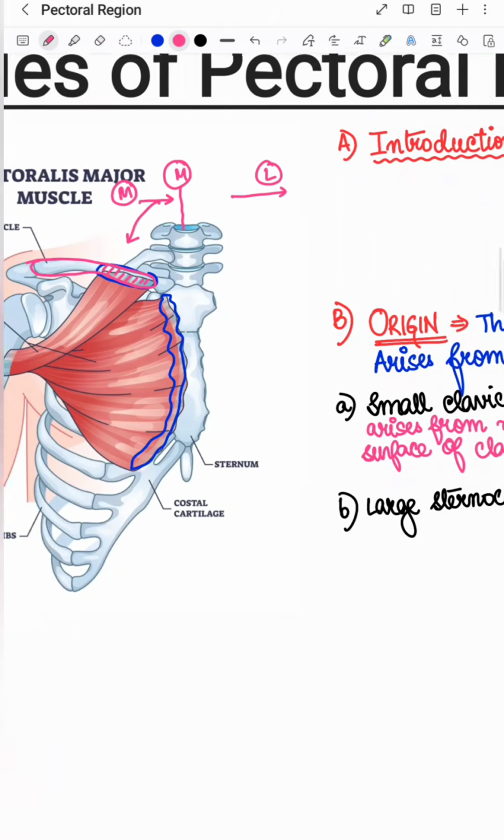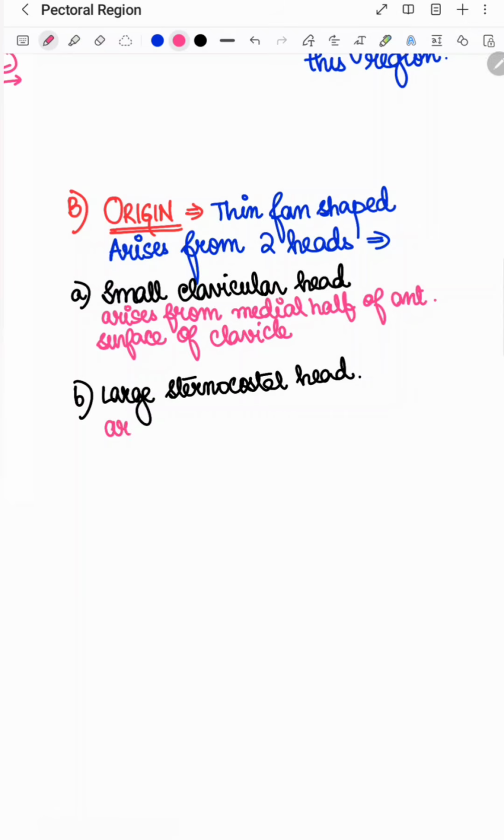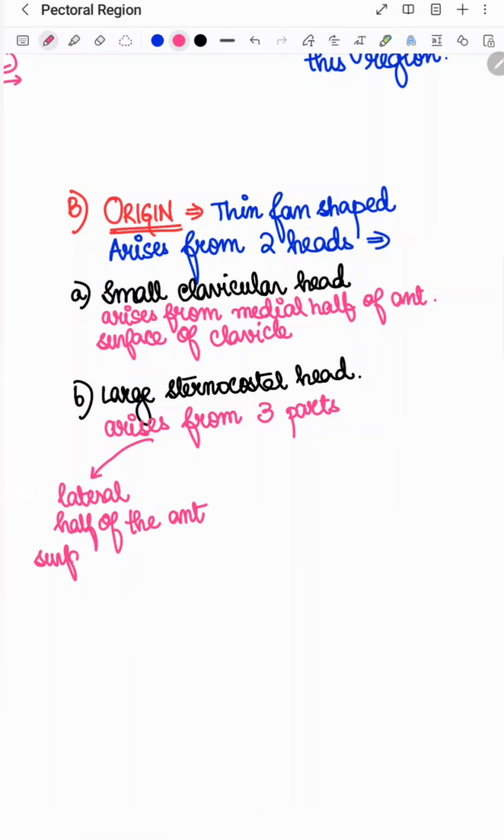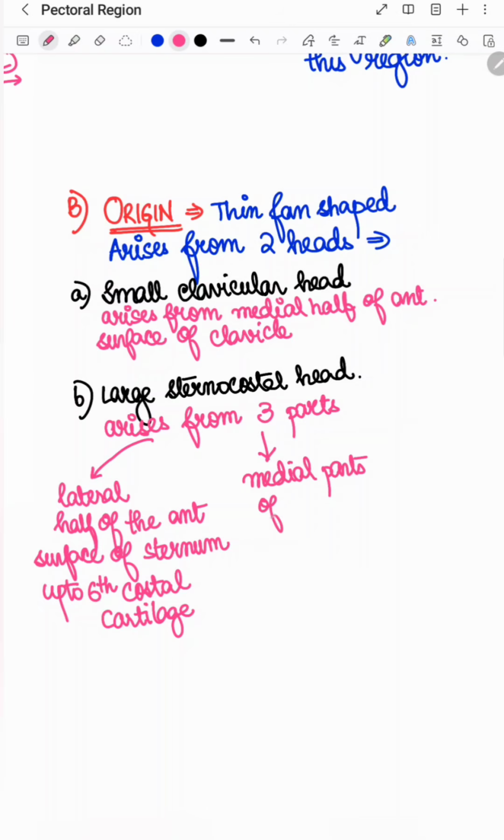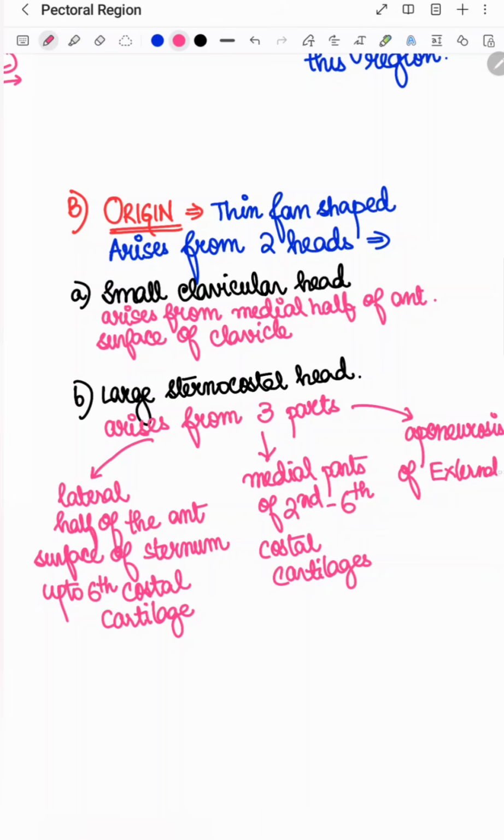Next, the sternocostal head arises from 3 parts. The first one is the lateral half of the anterior surface of the sternum up to the 6th costal cartilage. The next part is the medial parts of 2nd to 6th costal cartilages, and finally from the aponeurosis of the external oblique muscle of the abdomen.